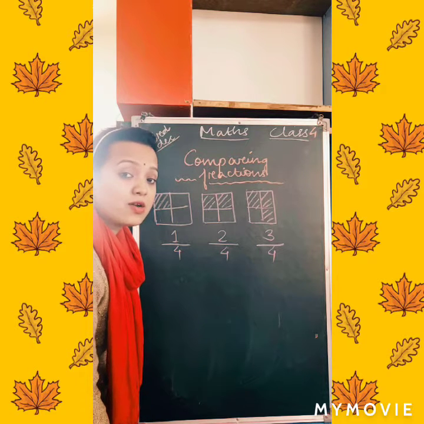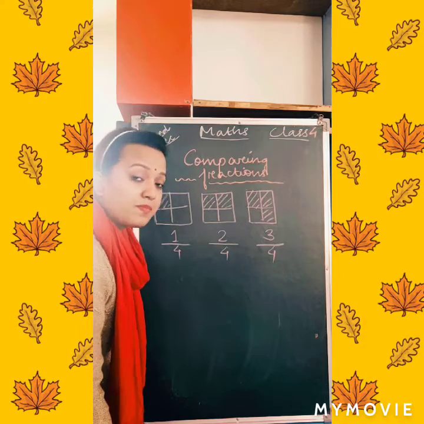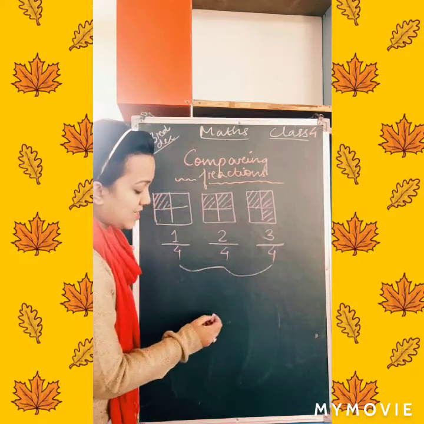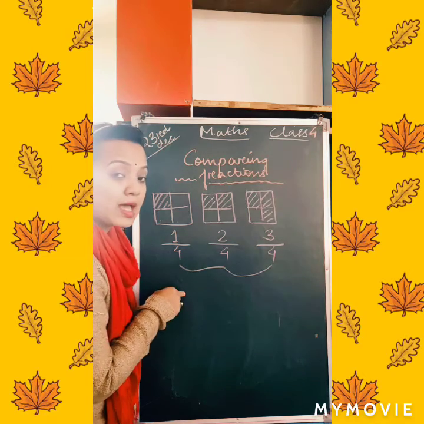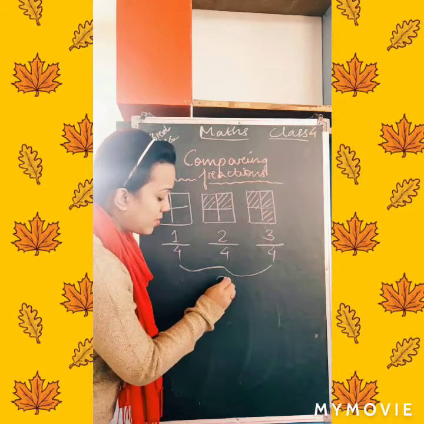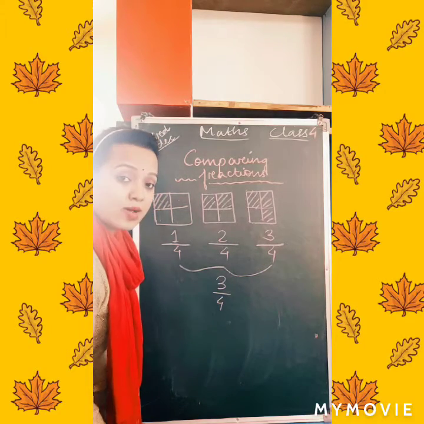I mean the numerator which is the biggest gives the biggest fraction. Okay. Now, since all these denominators are the same, the greatest fraction will be 3 by 4 because 3 is bigger than 2 and 1.